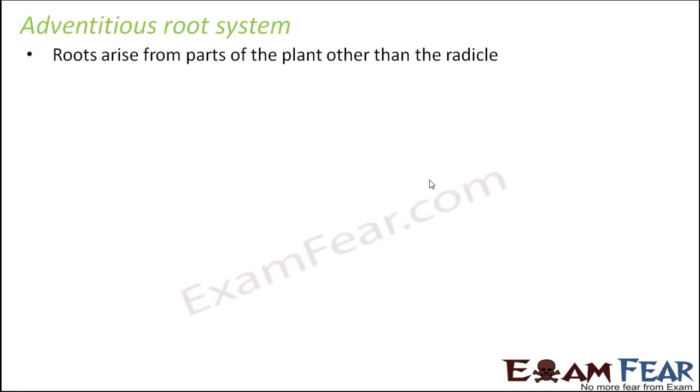That is something new, because till now we always used to think that inside the seed we have one radicle and one plumule. That radicle will grow to form the root and the plumule will grow to form the shoot. That was our typical idea, but that is not the case. In many plants, the roots do not develop from the radicle. Instead, they develop from some other part of the plant. Those kind of roots are known as adventitious root system.